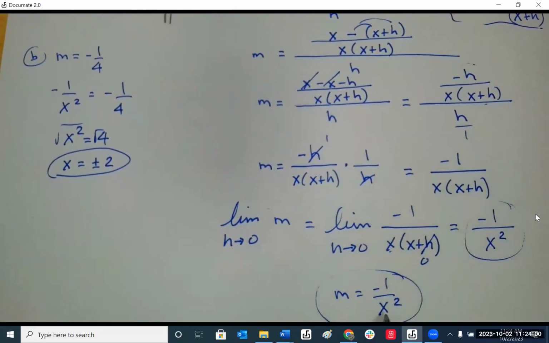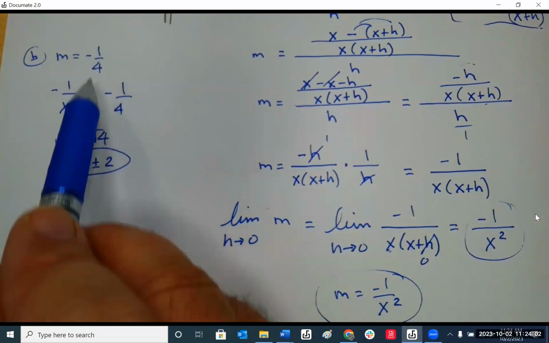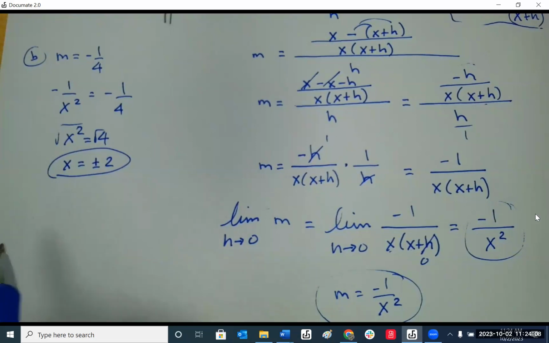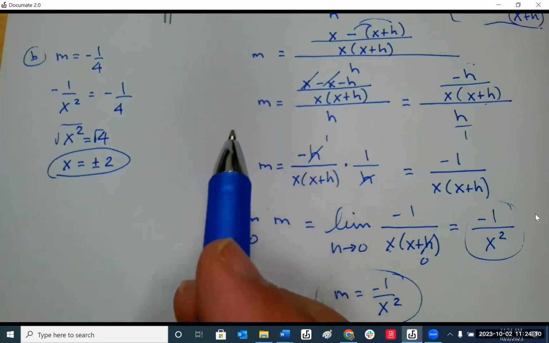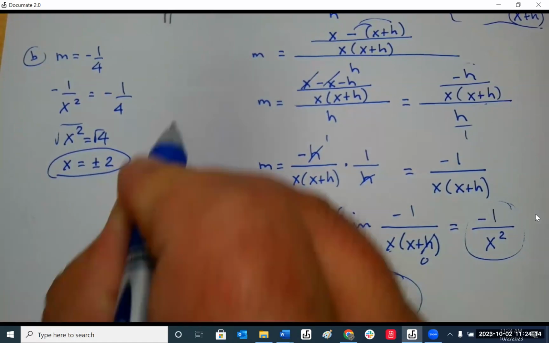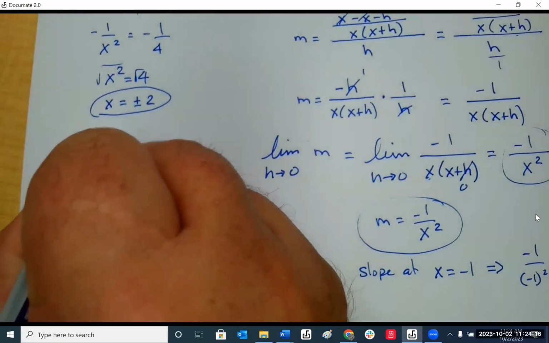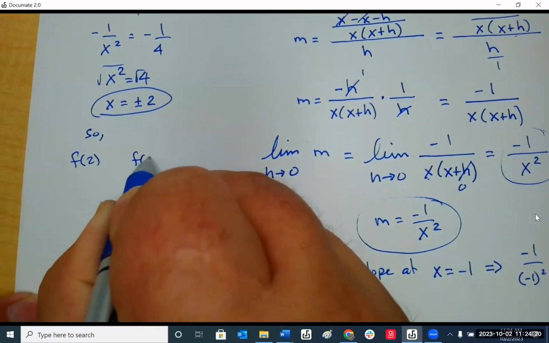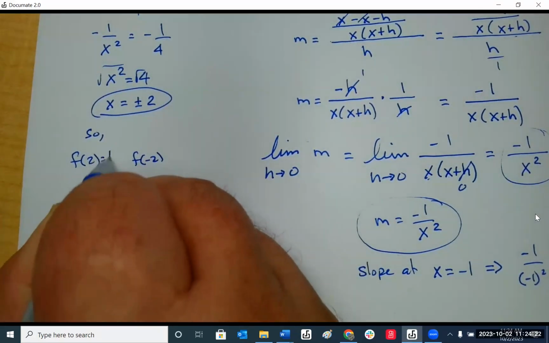So once we found this equation, we found the slope. We could find out at what point. Now, if it's asking for a point, it says, where does the slope equal negative 1/4? We know x equals that. So f of 2 and f of -2.